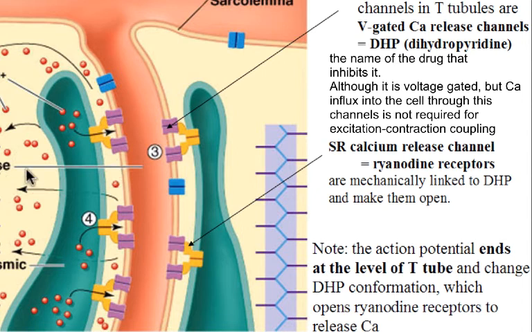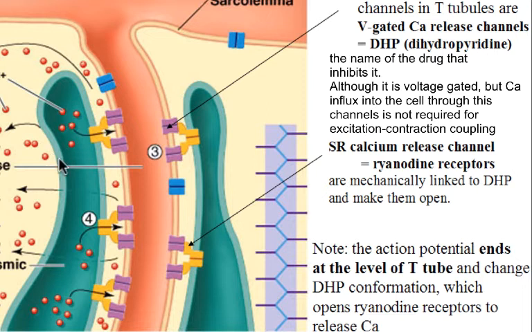Calcium is going to attach to troponin C, and as a result, tropomyosin is going to move away and contraction is going to happen. As long as calcium is high inside the cell, we're going to have continuous contraction. What do we have to do to end this? Well, there is a pump here. It doesn't show in this picture, but this pump is a calcium pump. Using energy, it brings this calcium back inside the terminal cisterna.